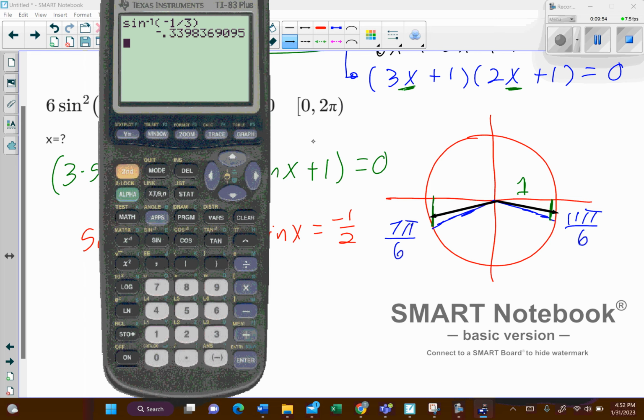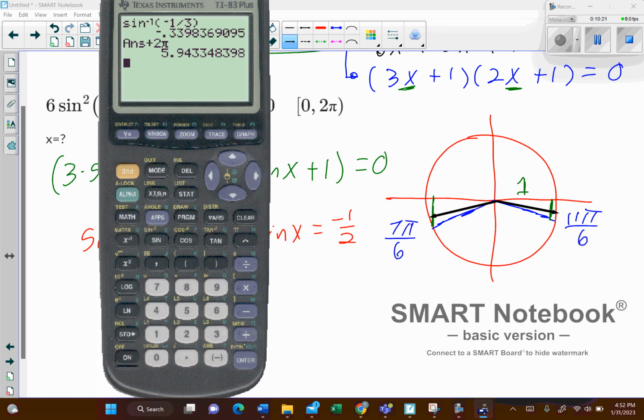And so this is giving me the angle as though I were going clockwise instead of counterclockwise. So I'm going to go ahead and add 2 pi to this, and that will swing me around into the positive position. It'll be coterminal. So let's see, I'm going to add 2 pi.